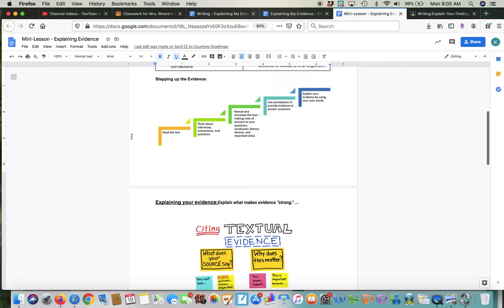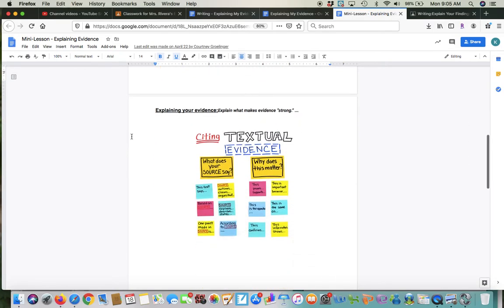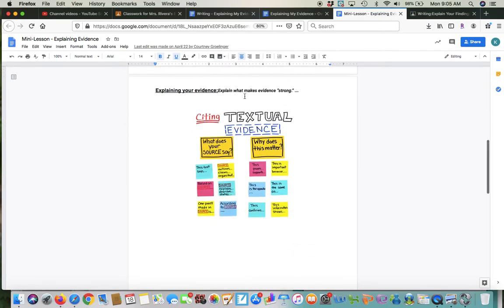I want to show you the post-its. Explain what makes evidence strong. So these are words that you can use when you start your quotes.